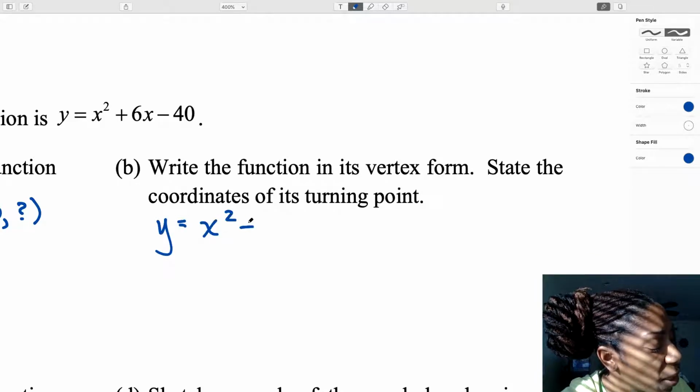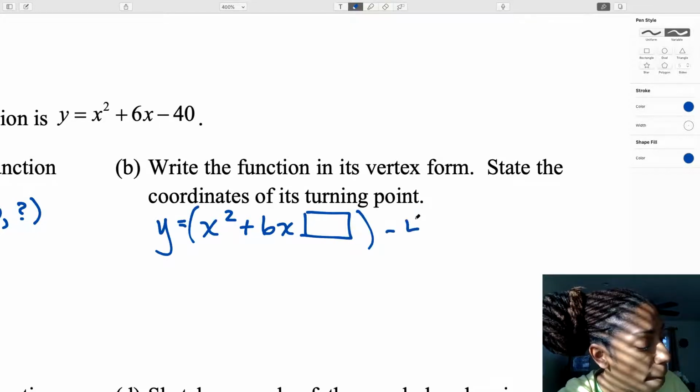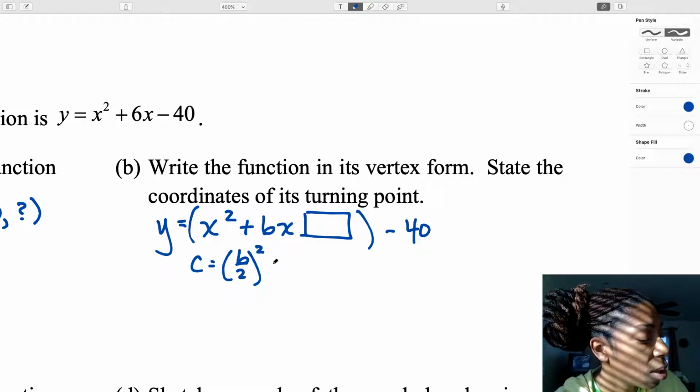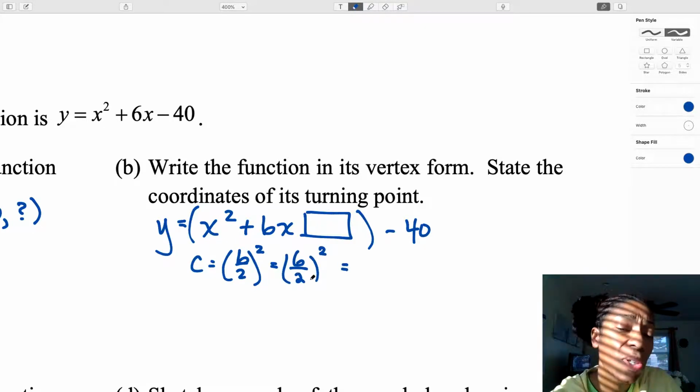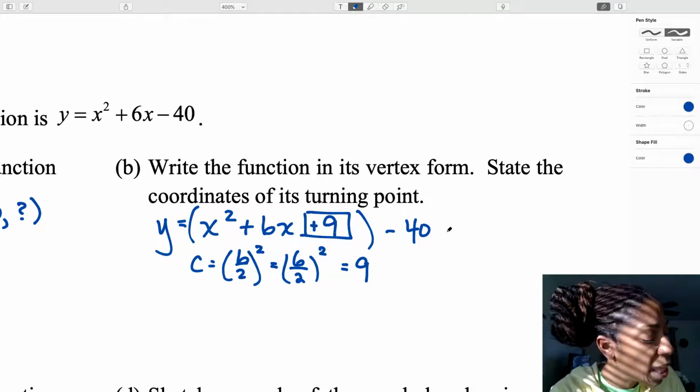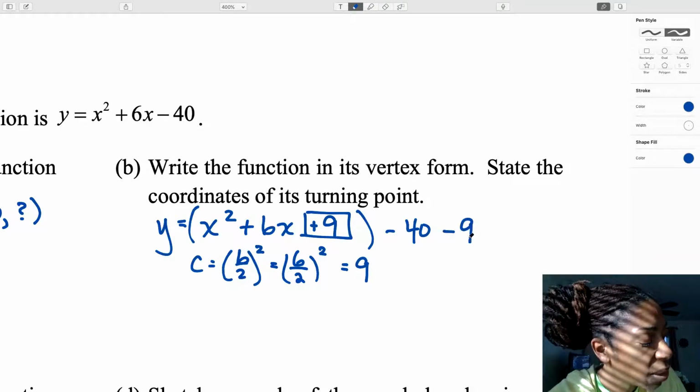So we separate the first two terms and find the new c. c equals (b over 2) squared. The b is 6, so 6 over 2 squared. 6 over 2 is 3. 3 squared is 9. So there's a plus 9 that goes in here, and then the minus 9 out here.